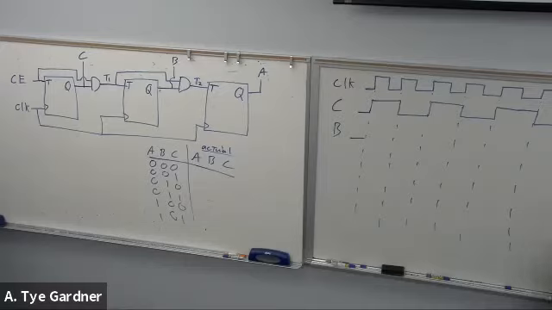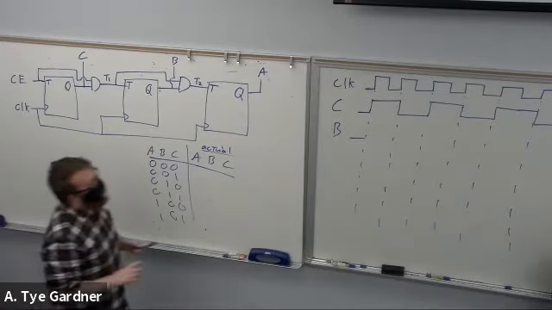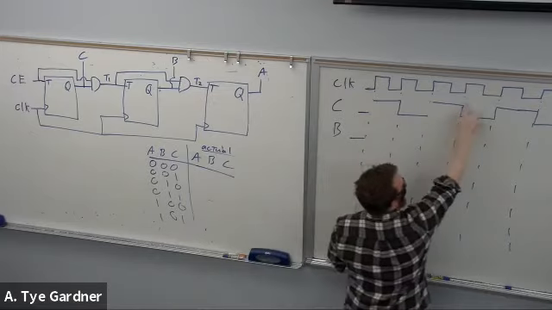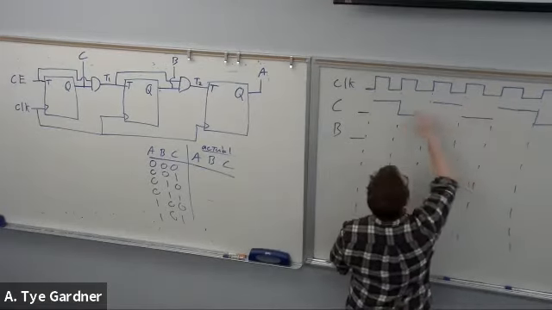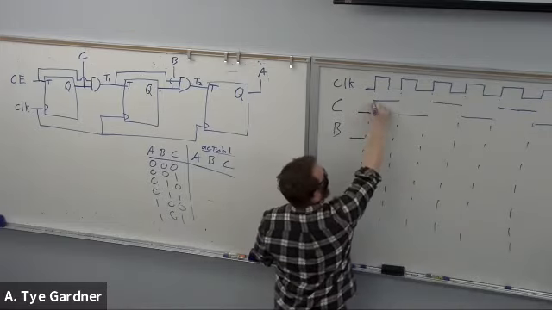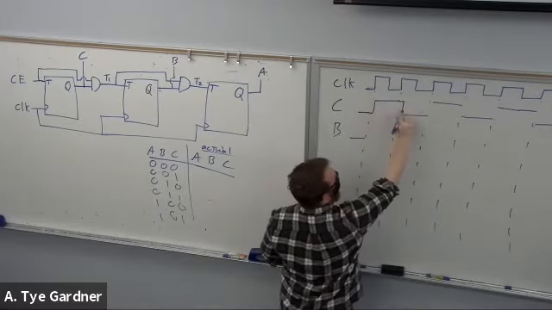Sometimes I like to teach delays before I do this one. So if I add just a little bit of delay to all of these, let's say that it takes just a short amount of time for C to update.